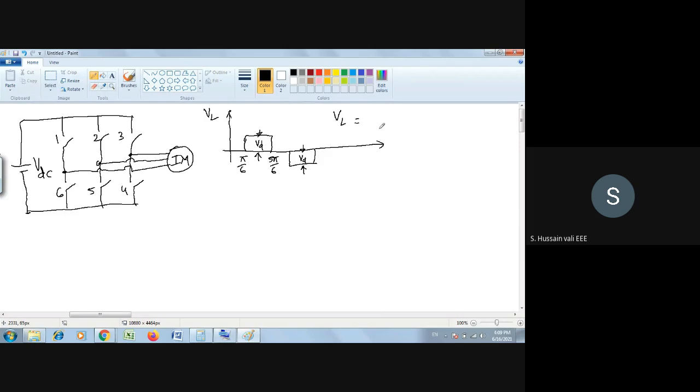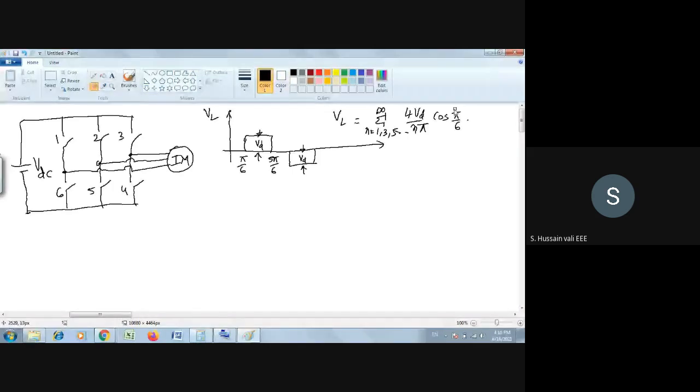I'm writing this directly because we have done this analysis in the past. 1, 3, 5, and so on to infinite. 4 VD by N5 cos 5 by 6. So N, what is N?